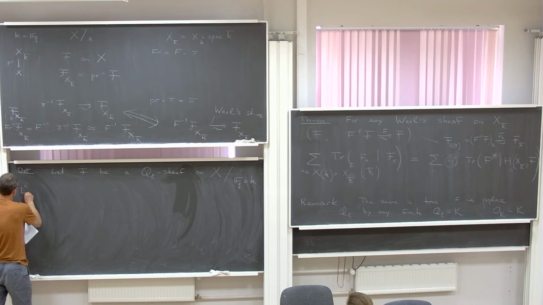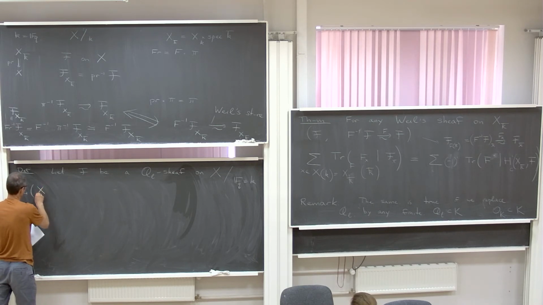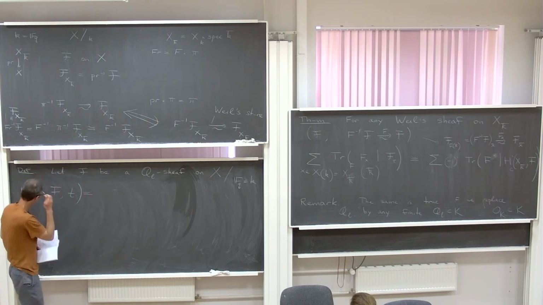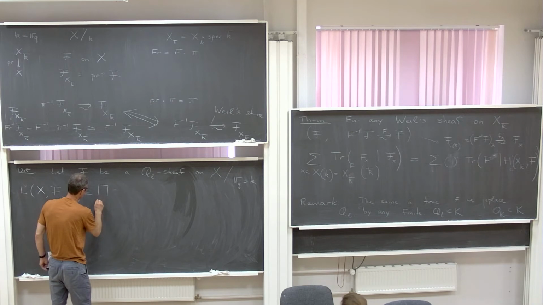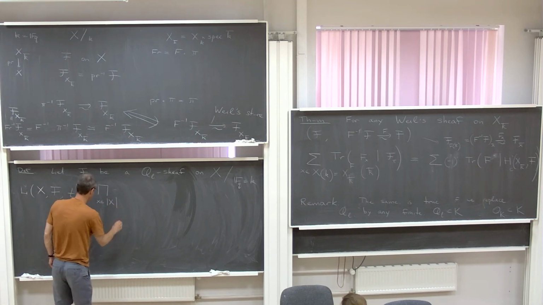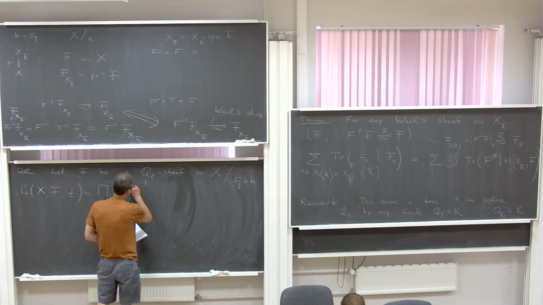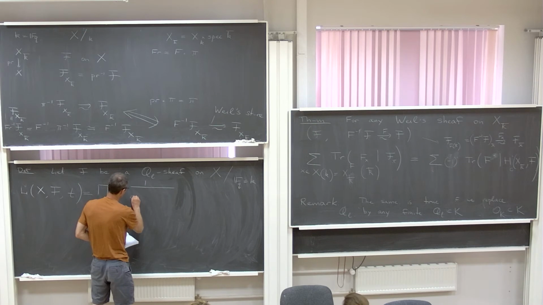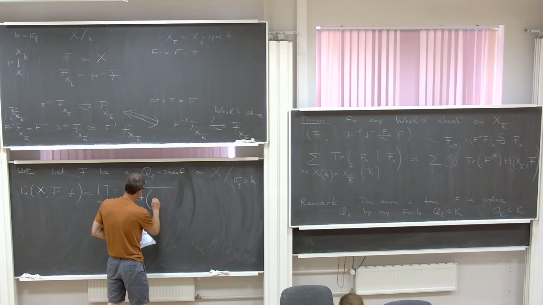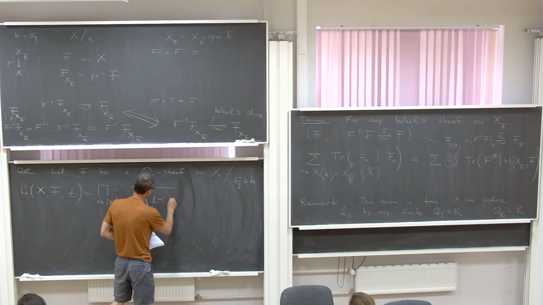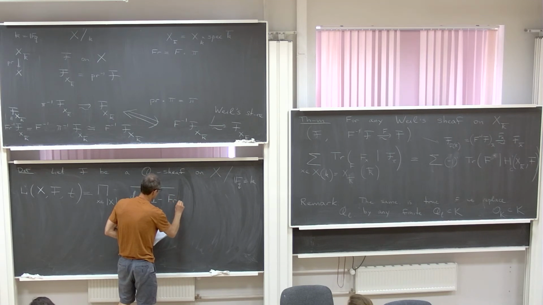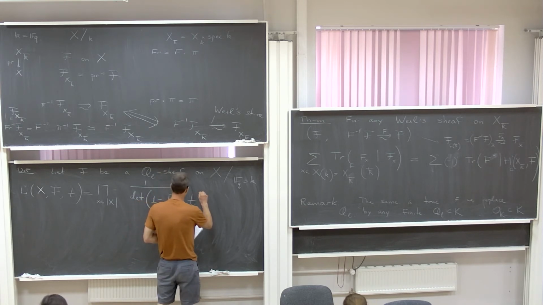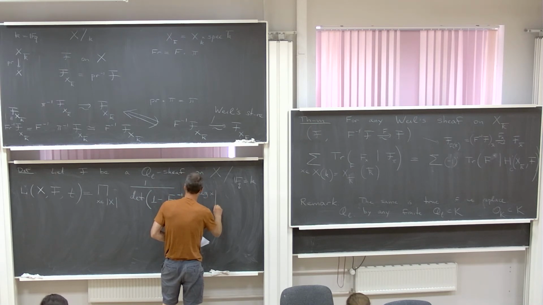Its L function is the following gadget: a product over all closed points of X. For each closed point, you consider the following Euler factor, which is a polynomial in T. It's the determinant of the following matrix: you take the identity minus Frobenius x inverse times T to the degree of x, and it acts on the fiber.